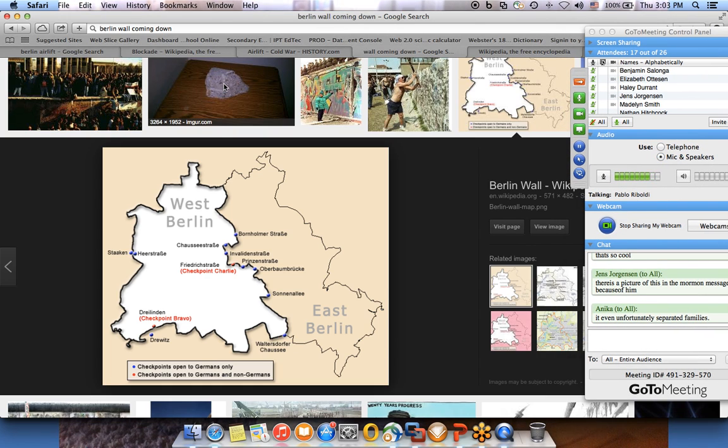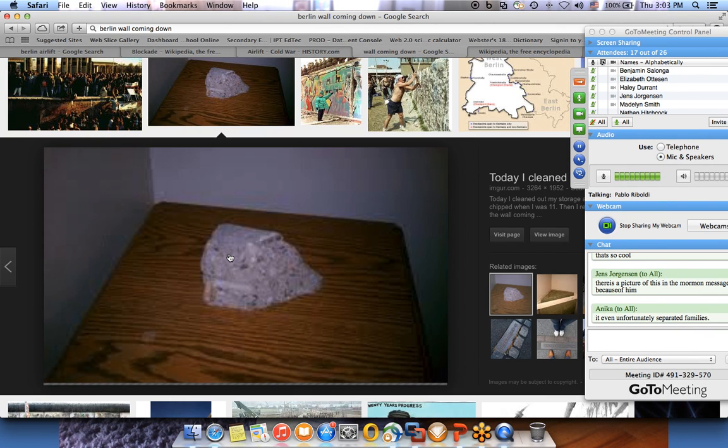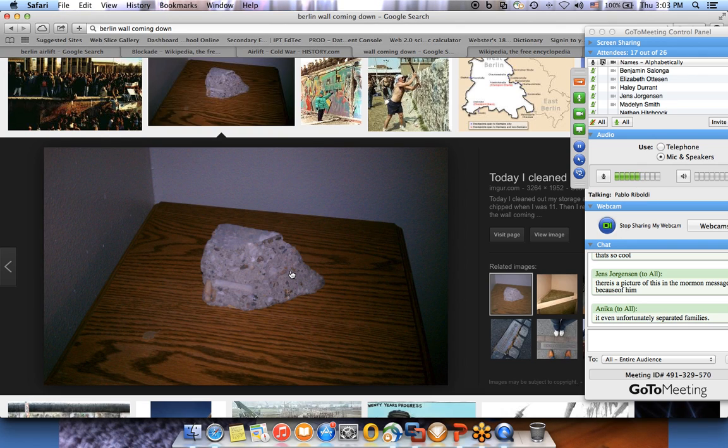So this is a piece of the Berlin Wall, a picture of that. I had a chunk of this concrete also, a historical thing, really, that the people finally were able to move freely in their own country.